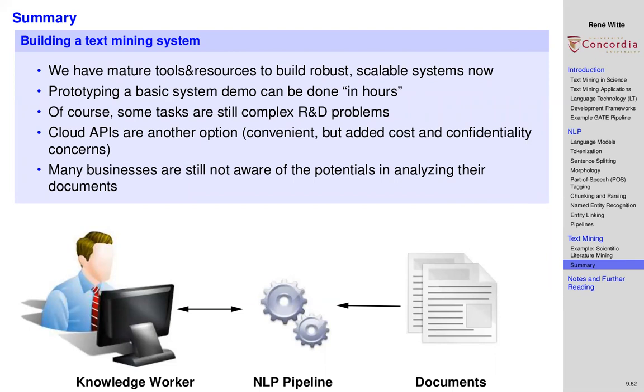And often for companies, confidentiality is another issue because you are sending your possibly secret company documents to a cloud API. They will tell you that they are all private and confidential, but do you really trust them? Well, for this reason, very often companies decide to have the pipelines in-house.